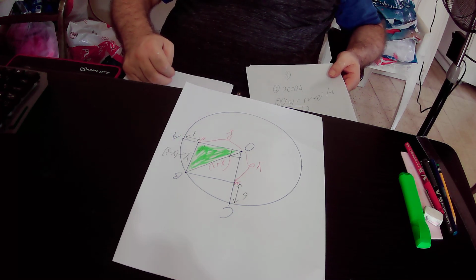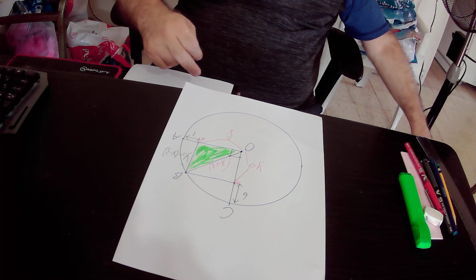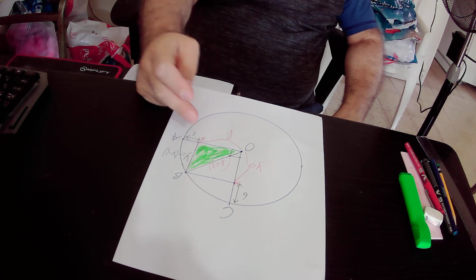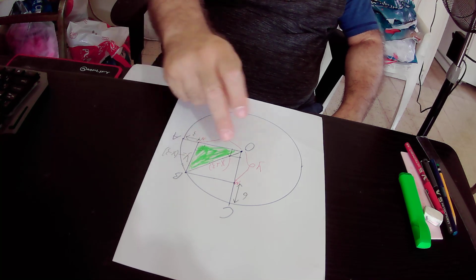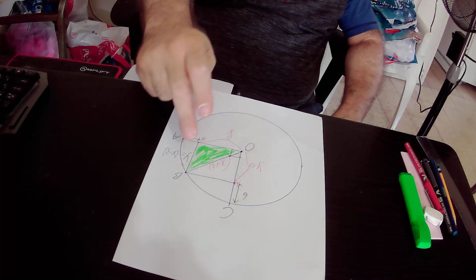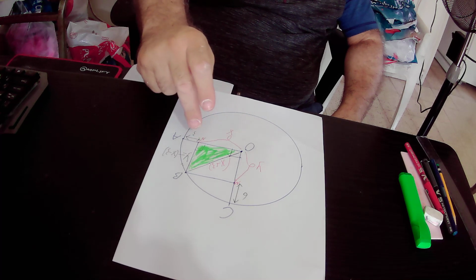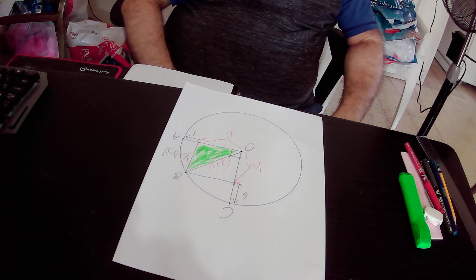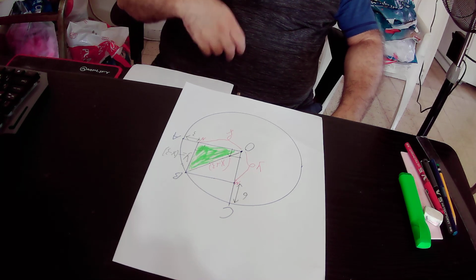Actually, all the angles in a rectangle equal 90 degrees, so angle ONB in the rectangle OMBN equals 90 degrees.